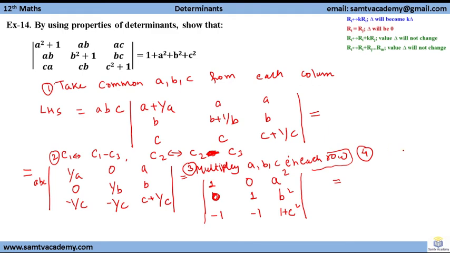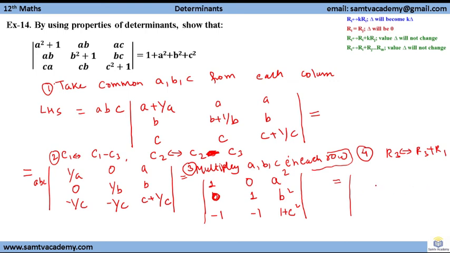Fourth step, what we are going to do, we will replace R3 with R3 plus R1. So what we will get, R3 plus R1.